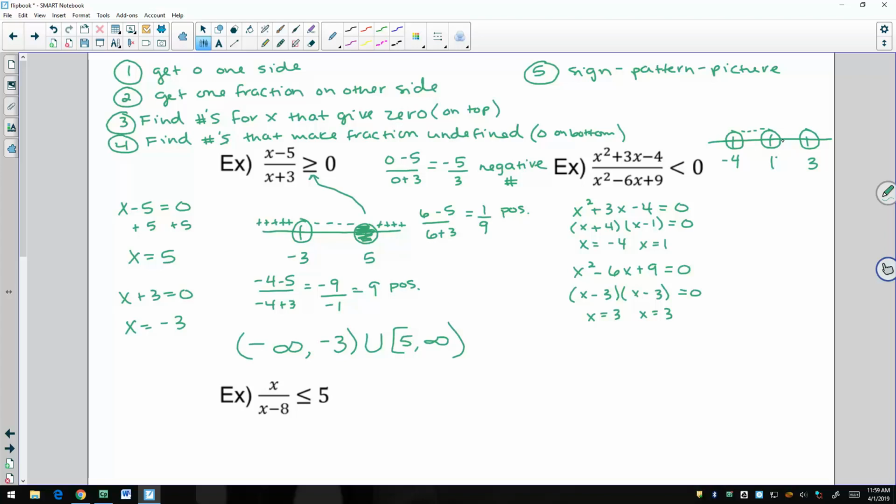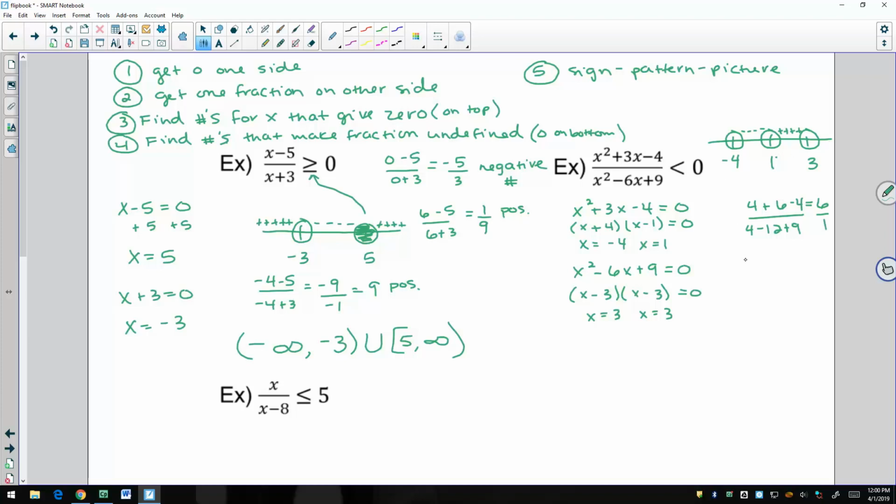So now the only number between 1 and 3 is 2. So if you plug in 2, you get 2 squared, which is 4, plus 3 times 2 is 6, minus 4. That's 10 minus 4, that's 6. All over, I plugged in 2, so that's 4 minus 12 plus 9. Well, 4 minus 12 is -8, plus 9 is 1, so 6 over 1, that's a positive number. Now let's plug in 4, because that's bigger than 3.